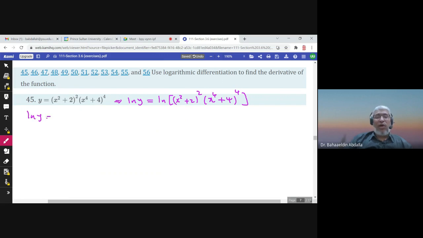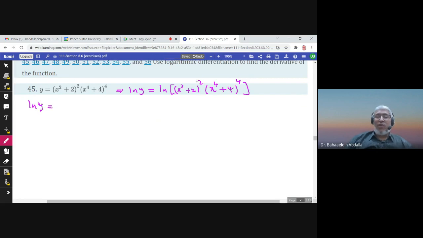So ln y would be, now if we expand this, we will have 2 times ln of x squared plus 2, plus 4 times ln of x to the power 4 plus 4. I did it quickly because I did an example in the beginning of this section, step by step.